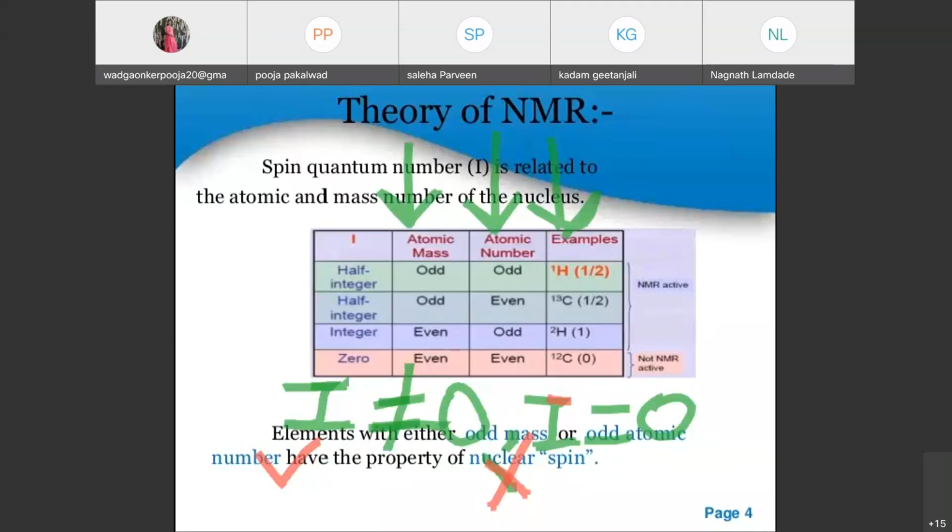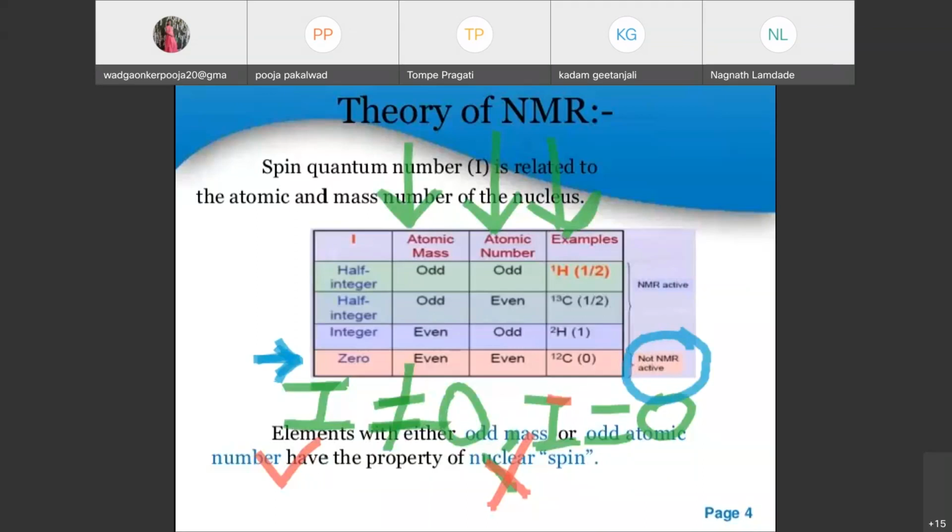Yes, guys, NMR inactive. I'm showing it in the table using a blue arrow. In other words, those are not NMR active. Is that clear to everyone? Yes, tell me please.